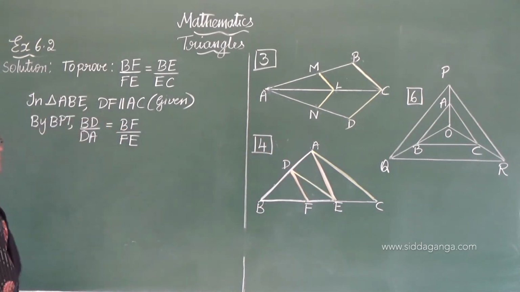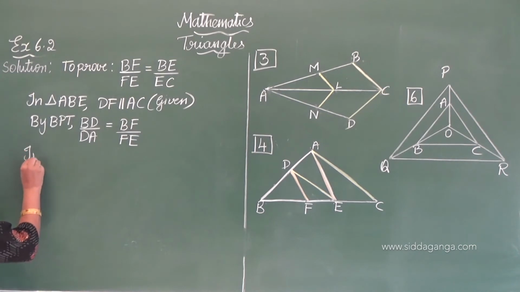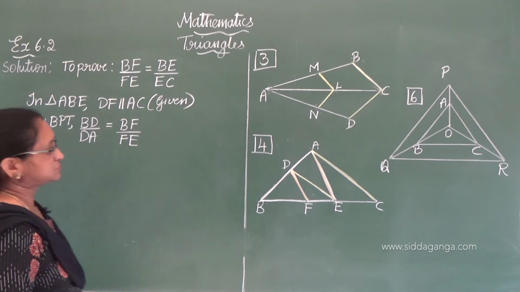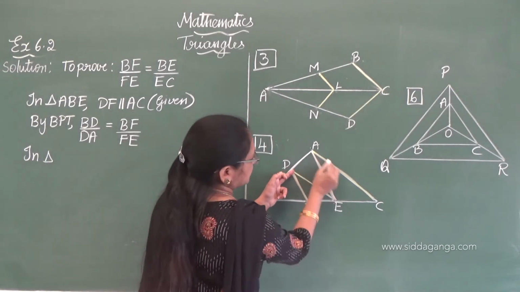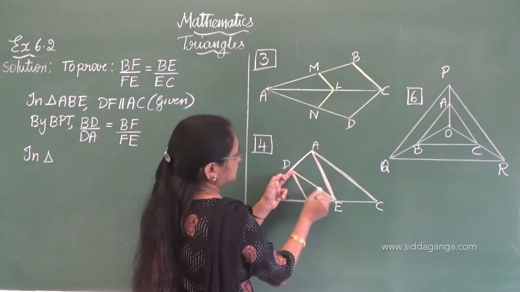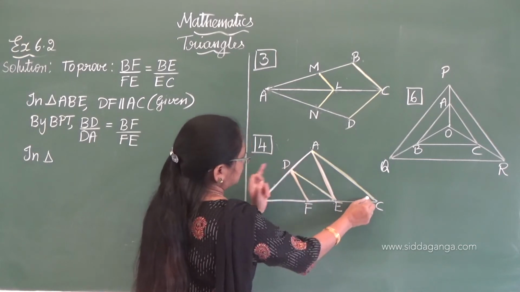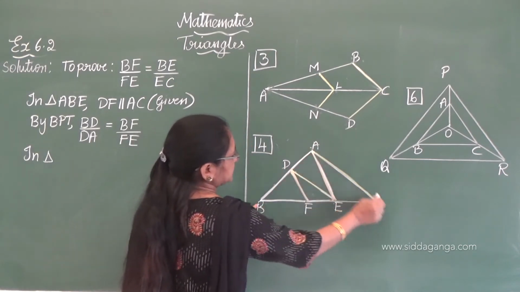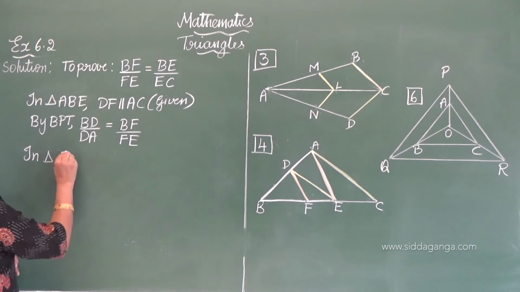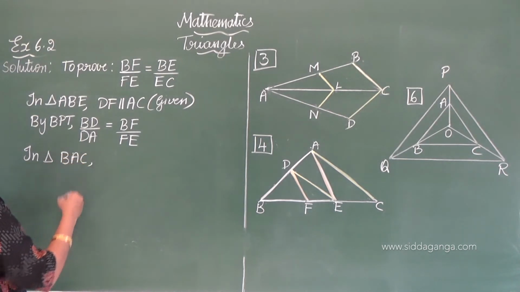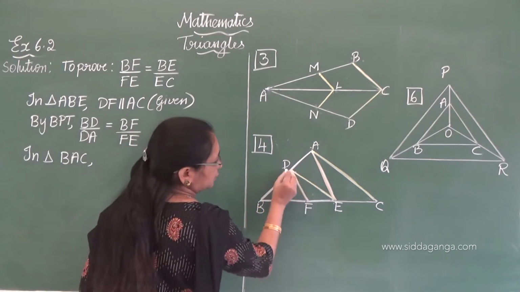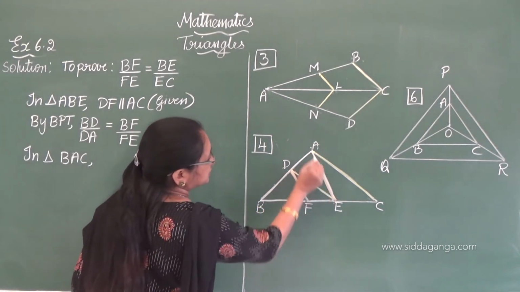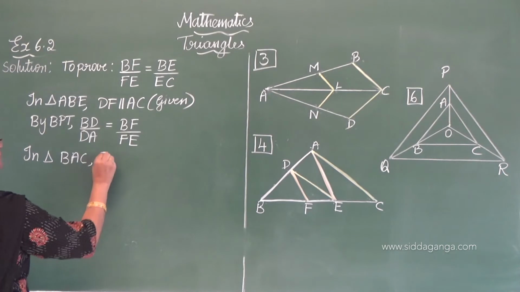Okay. Now, in another triangle, see, you just see another triangle is there where these two lines are involved, these parallel lines, that is DE and AC. So, in triangle BAC, see, observe this yellow color line, that is DE is parallel to AC.